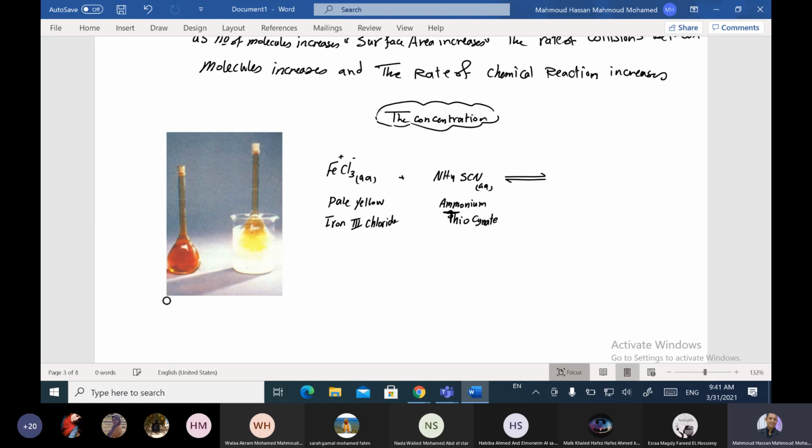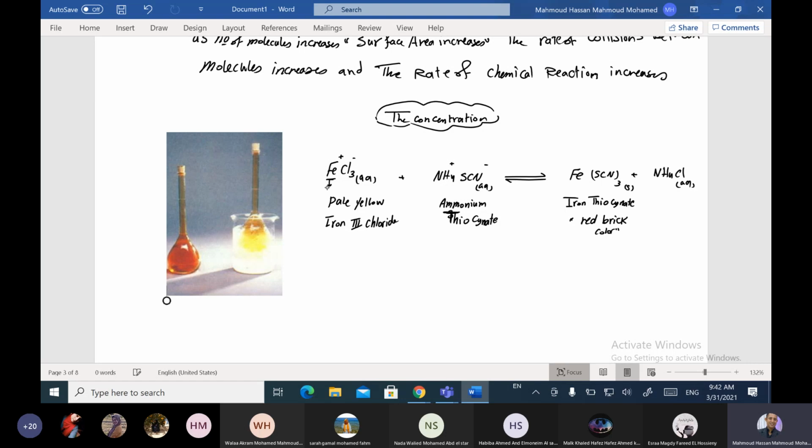They give us Fe(SCN)3, iron thiocyanate, which has a red brick color, and the colorless ammonium chloride, also in aqueous solution. Return back to the balance of these equations.